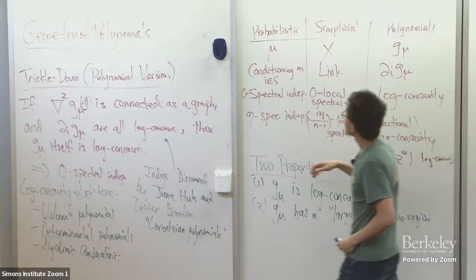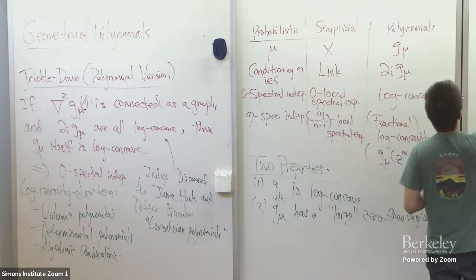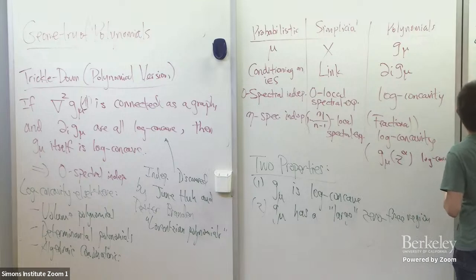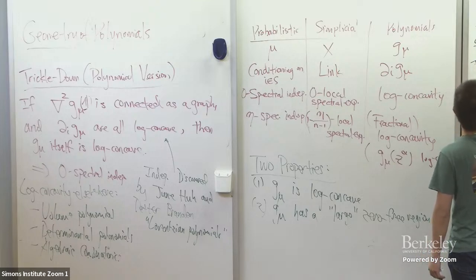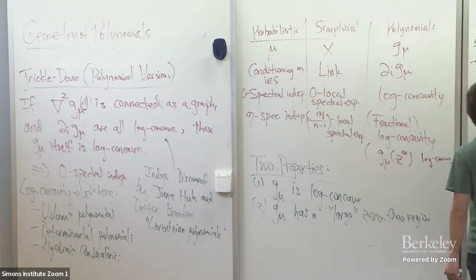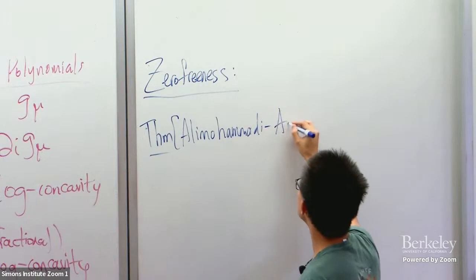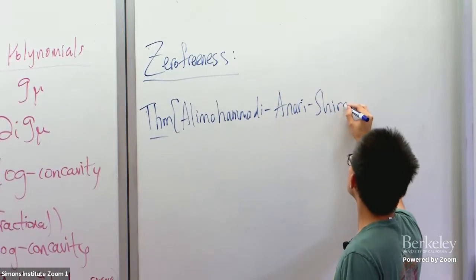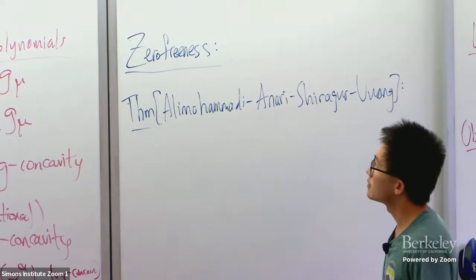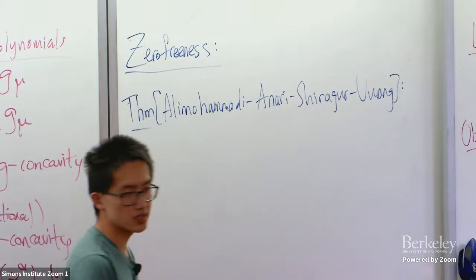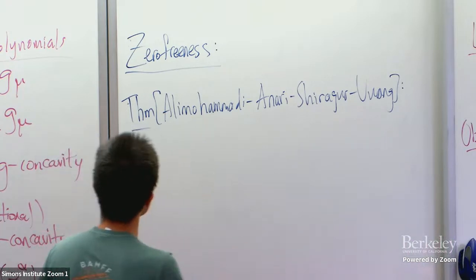Okay, I want to switch gears to zero-freeness. For a polynomial, it's very natural to ask about zeros. I'm going to prove the following. This is really first in the work of Ali Mohammadi, Anari, and Wong, and then we have some generalization and extension to more general zero regions, but basically it goes like this.